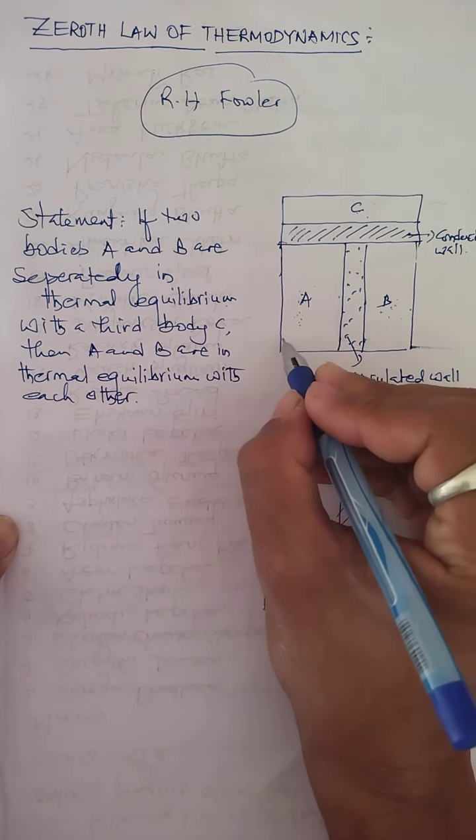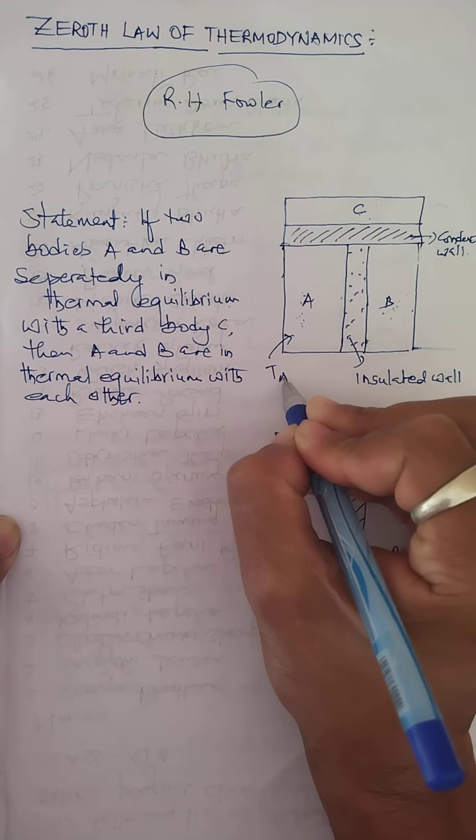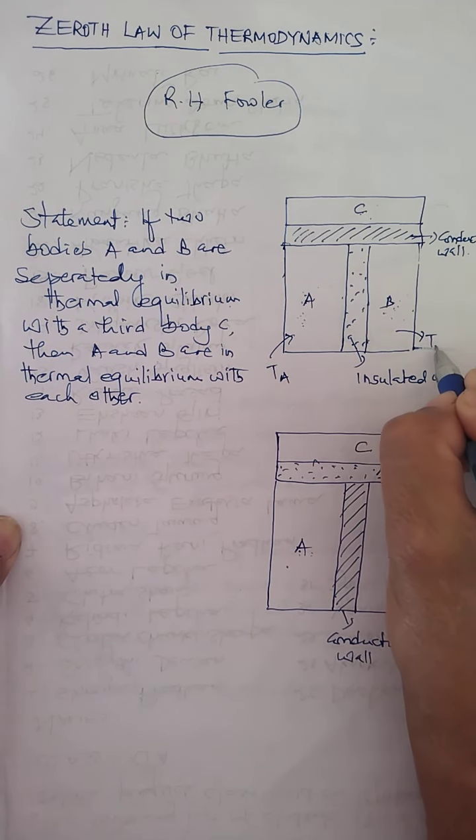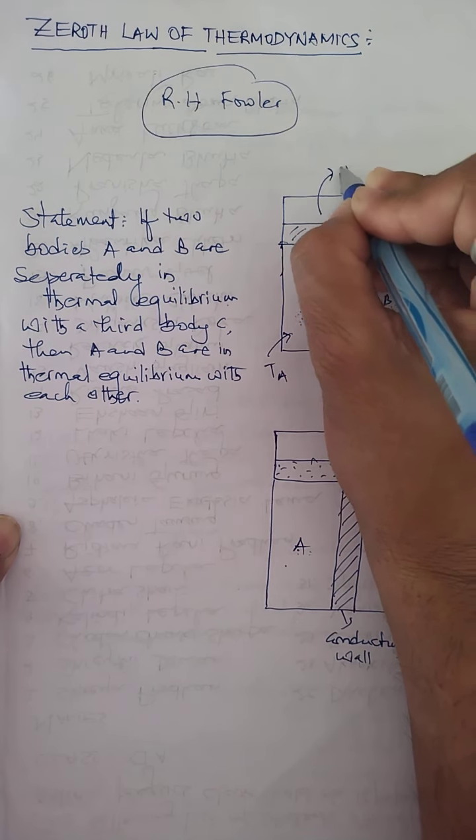Now let me consider, suppose this body has temperature TA, this body has temperature TB, and this body has temperature what? TC.